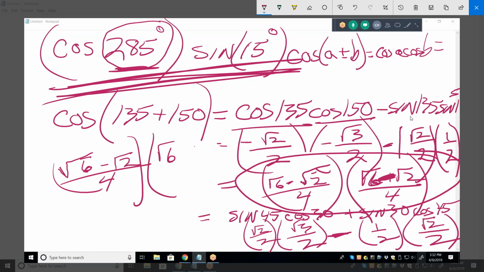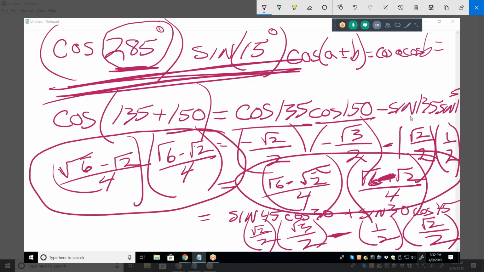That should be your answer. Yes, sir. Now, I can do the algebra, but we're still going to be left with a square root of 12 in the middle. So we're never getting rid of the radical sign.